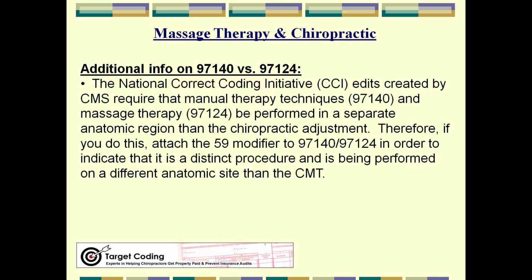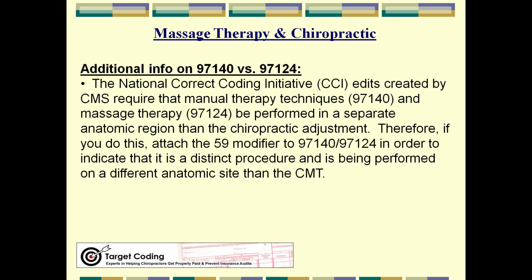So therefore, if you're going to do the massage or the manual therapy in a separate anatomic site than the chiropractic manipulative treatment, then you're going to add the 59 modifier to the 97140 or the 97124. You're not going to add the 59 to the CMT.